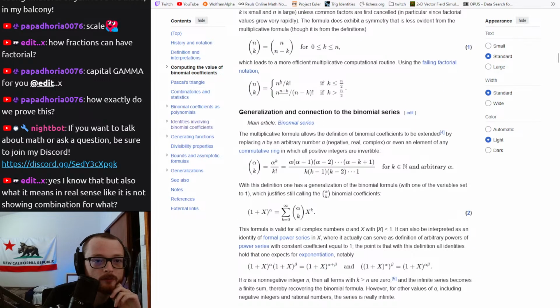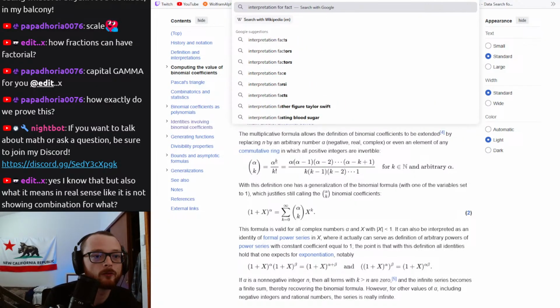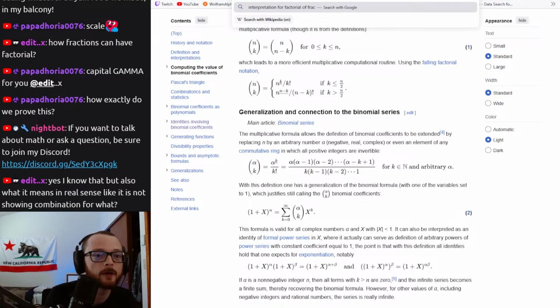Let's Google it. Interpretation of factorial of fraction.